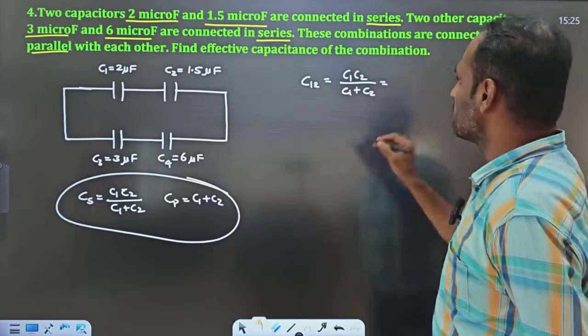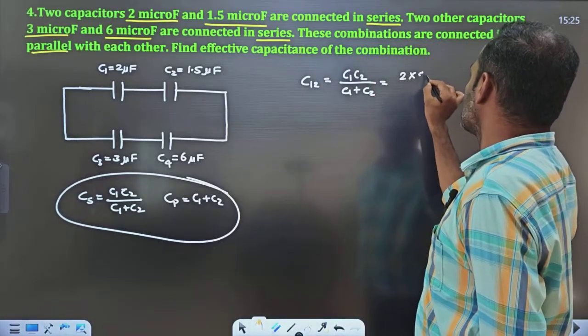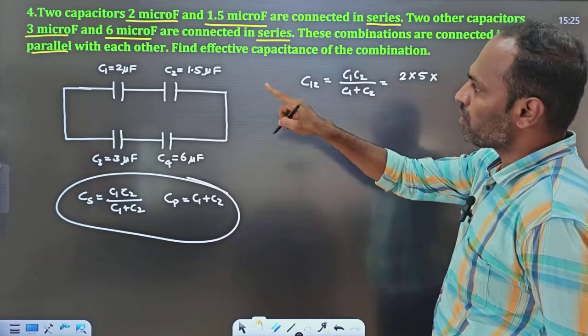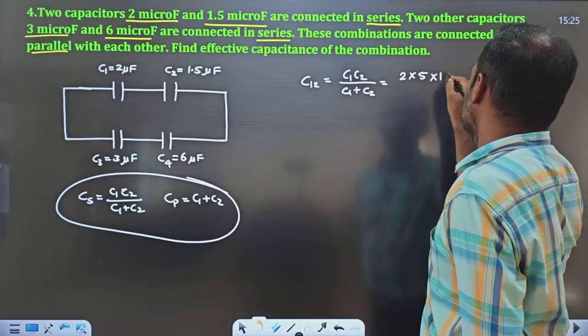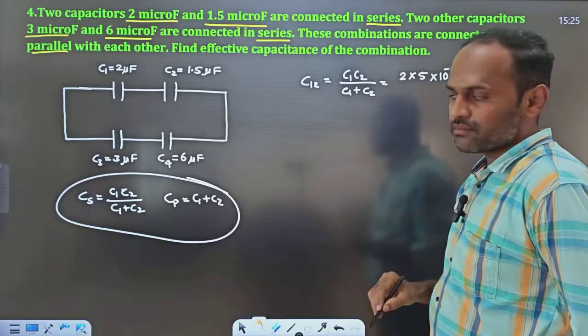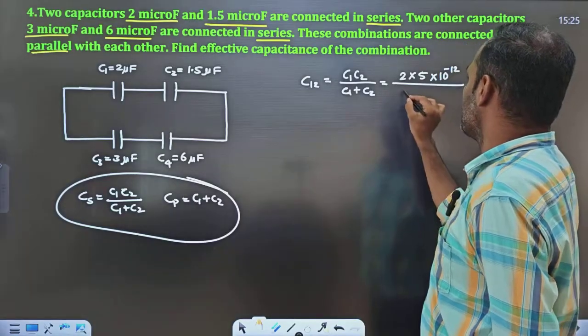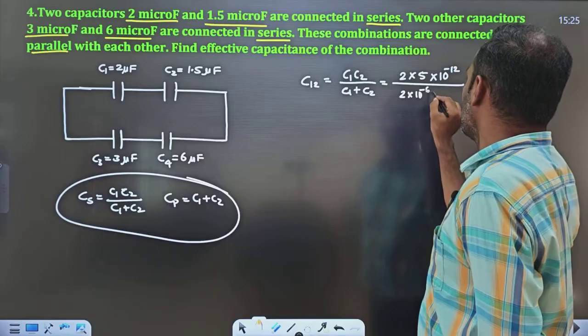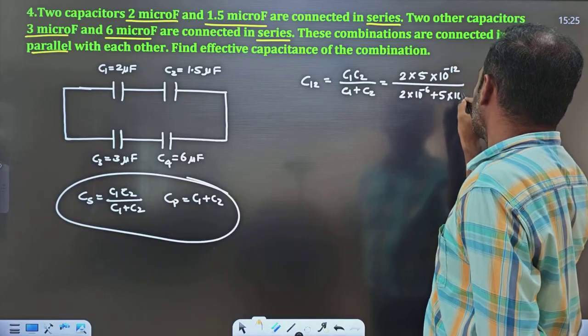C1 is 2 micro and C2 is 5 micro. So micro into micro, 10 raised to minus 6 into 10 raised to minus 6, it will be 10 raised to minus 12, divided by C1 plus C2, 2 micro plus 5 micro, right?